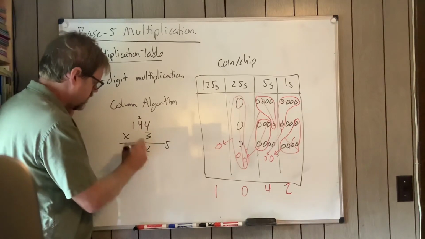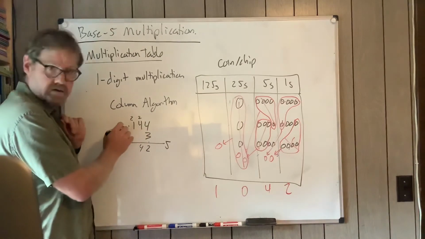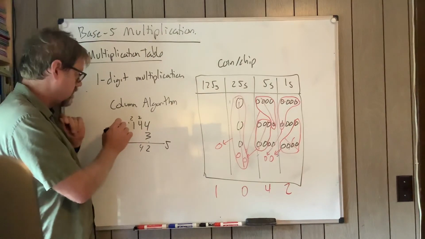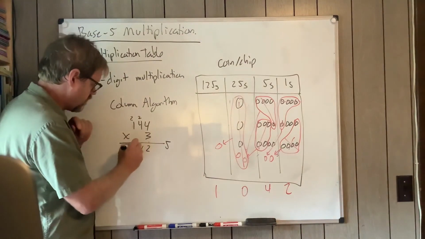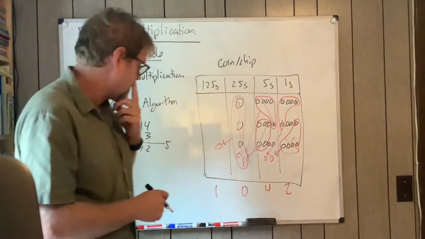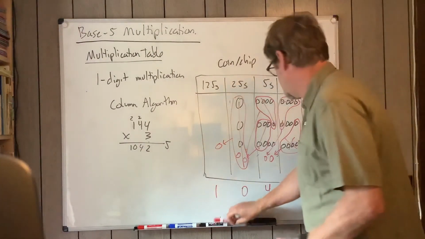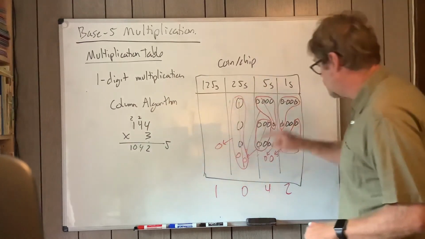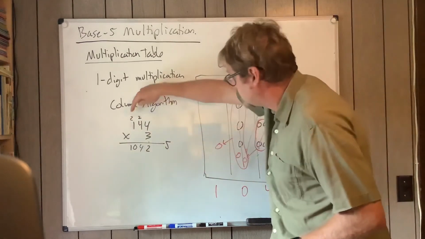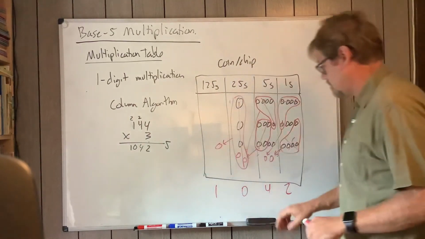Plus 2 is 4. 3 times 1 is 3. Plus 2 is 5, which means no pennies and 1 nickel. Okay. Again, these 2 rebundlings is that 2. These 2 rebundlings is that 2. That rebundling is that 1.